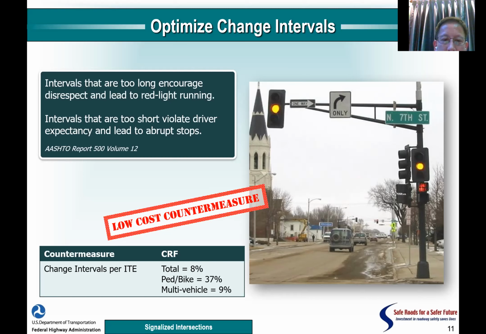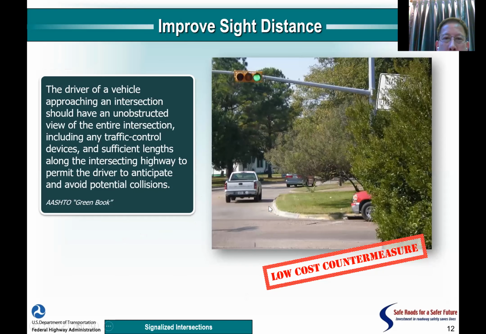So just changing the green timing and the phasing could help lower the number of crashes, and it also helps pedestrians and bicycles much more in this type. Improving sight distance is also a good way.